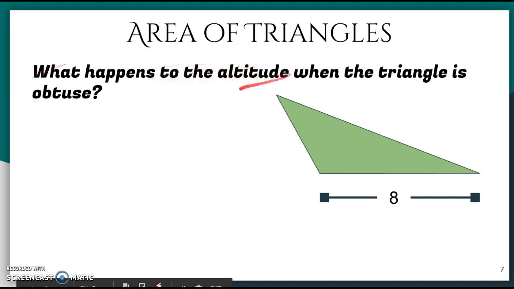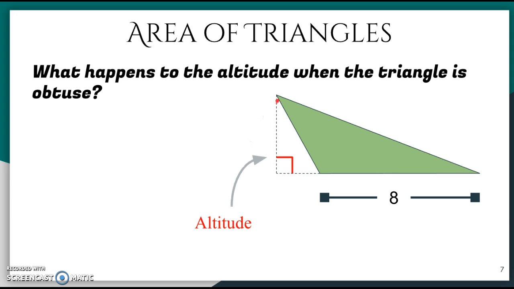Well, what happens to the altitude when a triangle is obtuse? Because, wait a minute, it won't fit in here anymore. We need to go from the highest point. So let's draw our altitude. It ends up being on the outside of the triangle itself. So if we have an obtuse triangle, a triangle whose angle here is greater than 90 degrees, it sort of slants away, and this altitude is actually going to be drawn outside of the triangle.